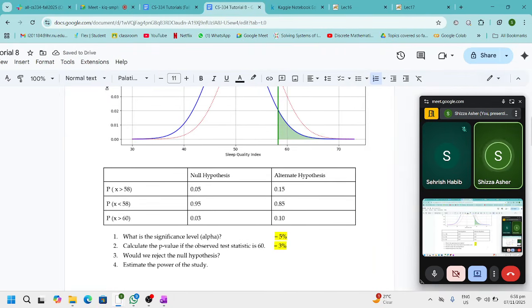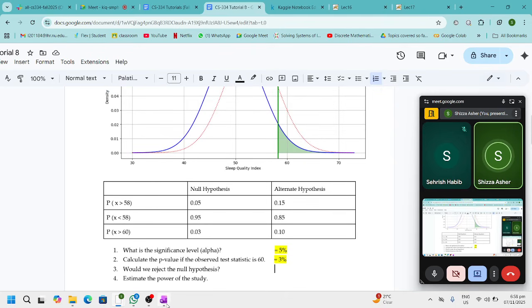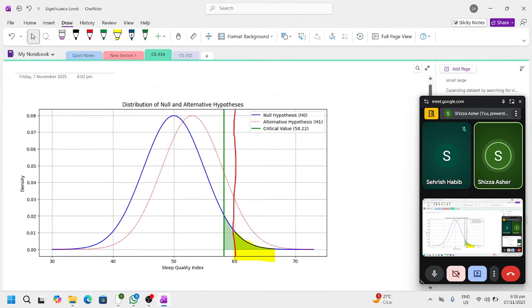Okay, let's look at the next one. So this is fairly simple. Would you reject the null hypothesis? I encourage you to pause and think once more.